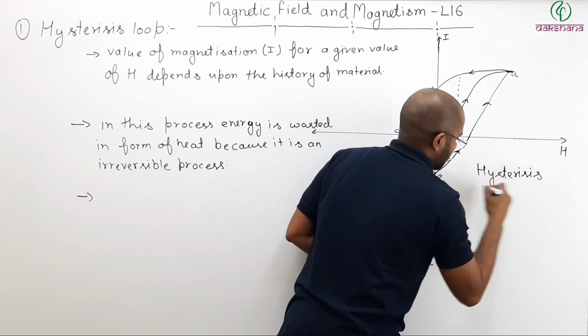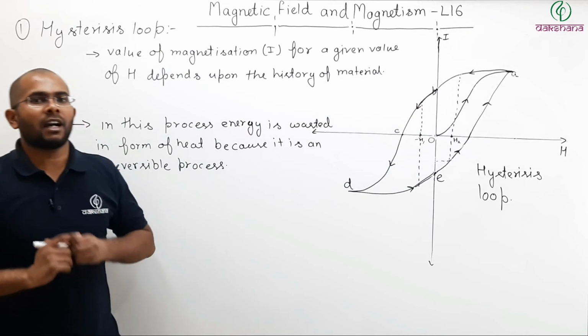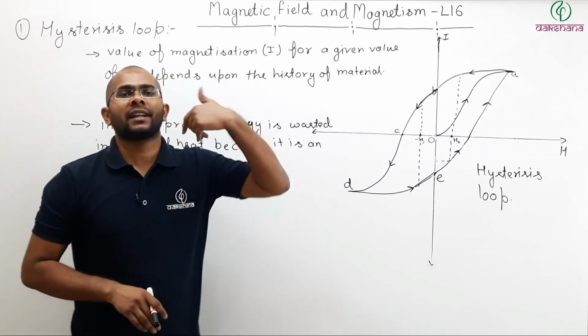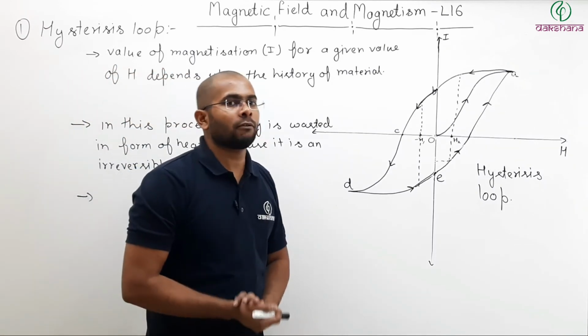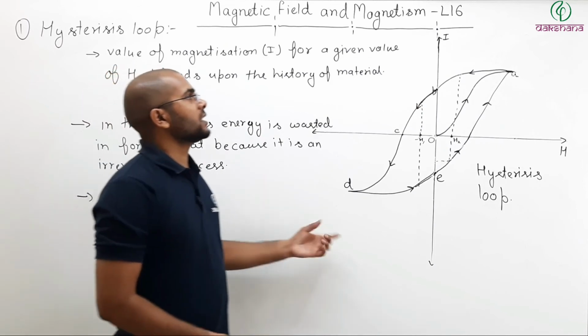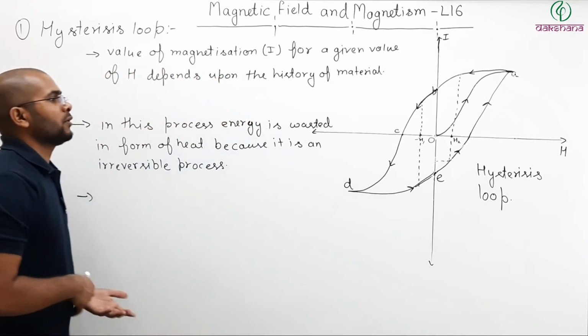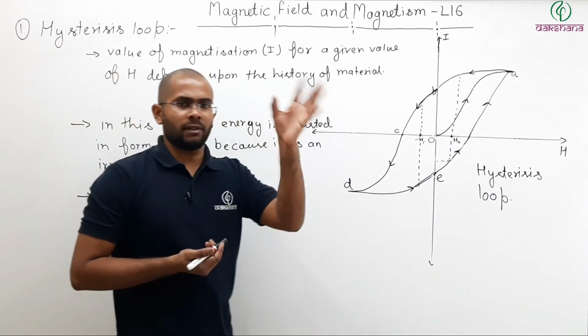So if you want to understand how much heat will be lost in this process of magnetizing and demagnetizing a ferromagnetic material, then what you can say is, the greater is the area of this hysteresis loop, more will be the amount of energy wasted per unit volume of your sample.